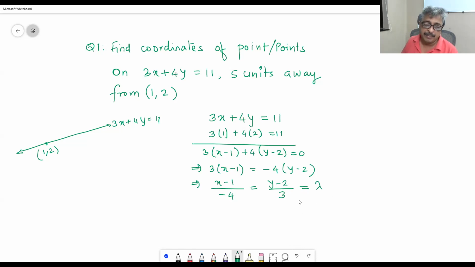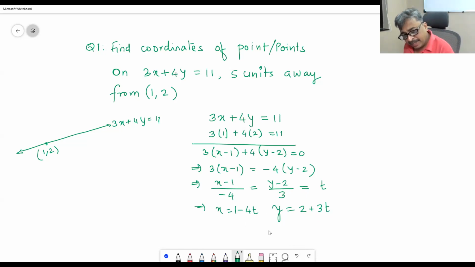Lambda is a parameter. In your notes it is t, therefore let me put t instead of lambda. Therefore, x is equal to 1 minus 4t and y is equal to 2 plus 3t.